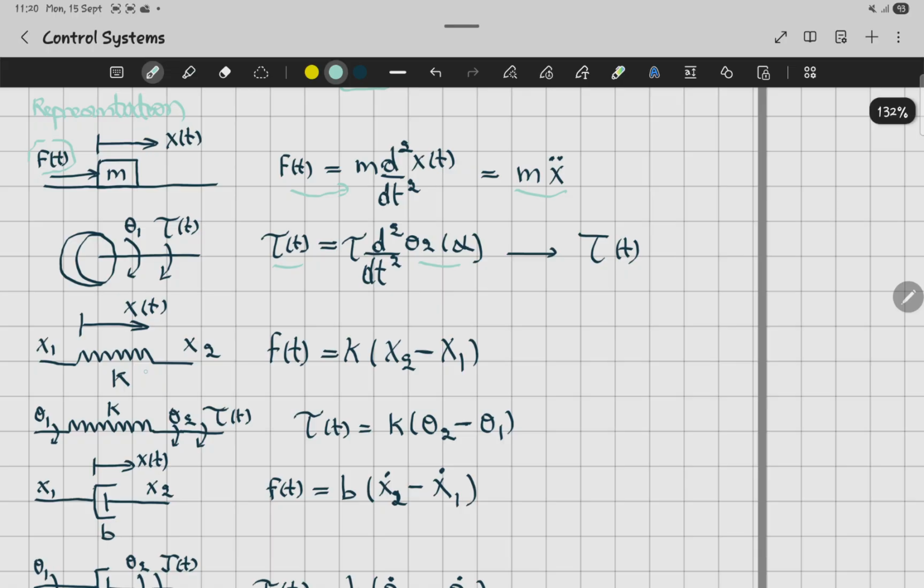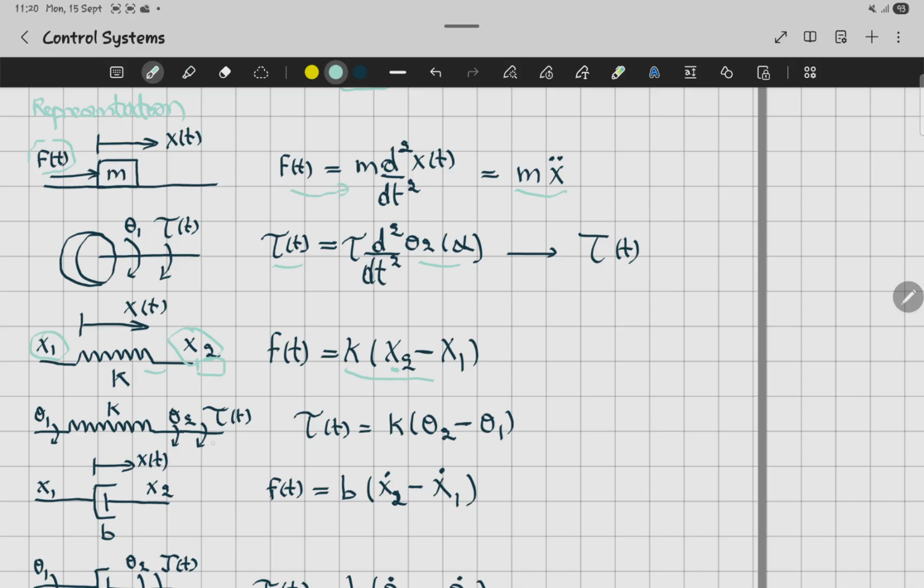And this one also, this is the formula that you get, because we have x1 and x2 depending on where the mass is connected. Okay, that means you're going to have a mass somewhere here at x2. That's why you see x2 first.